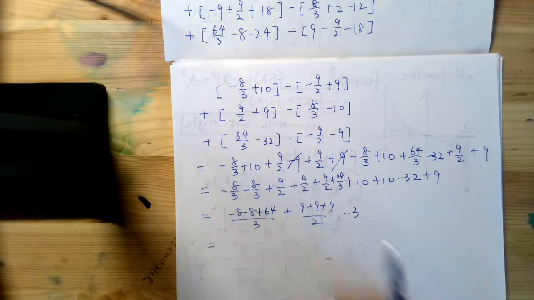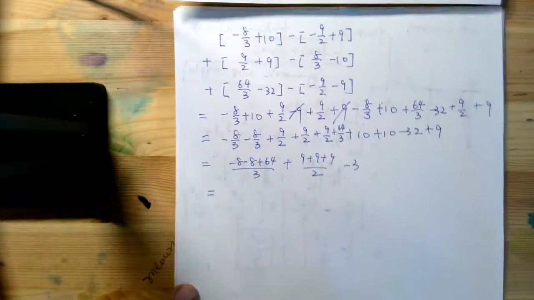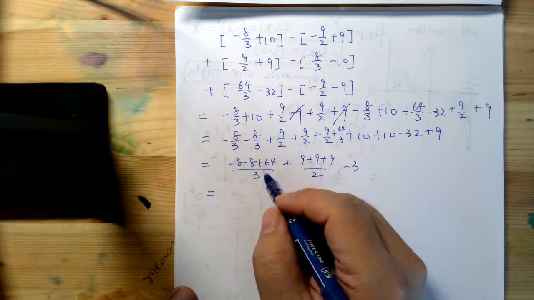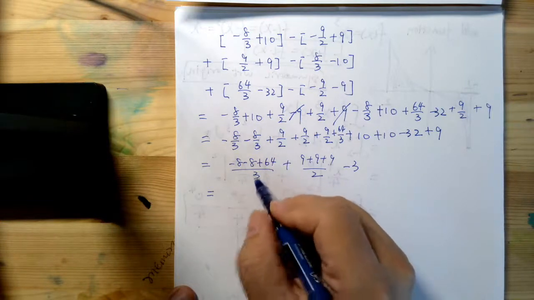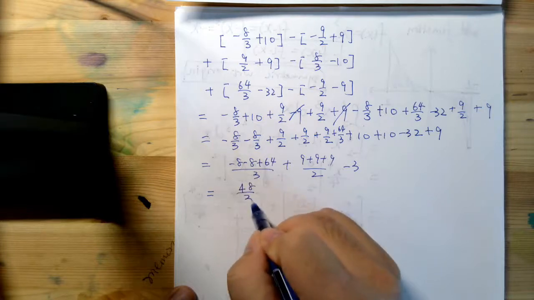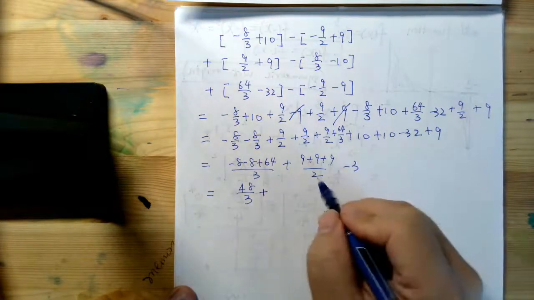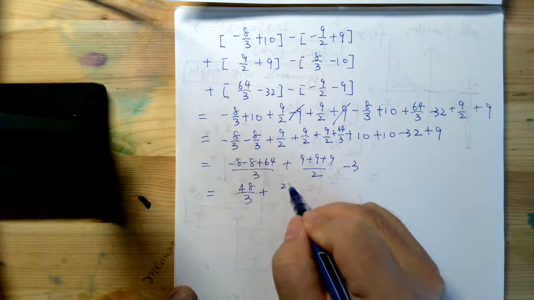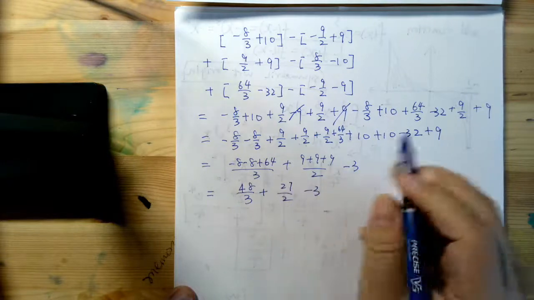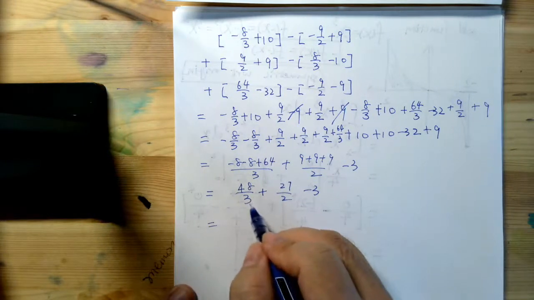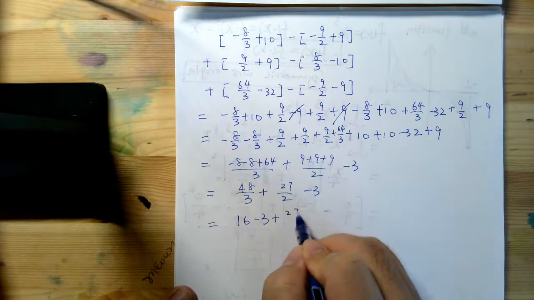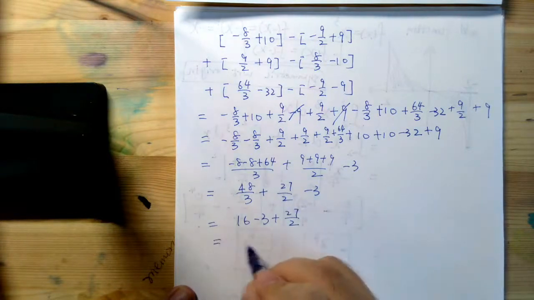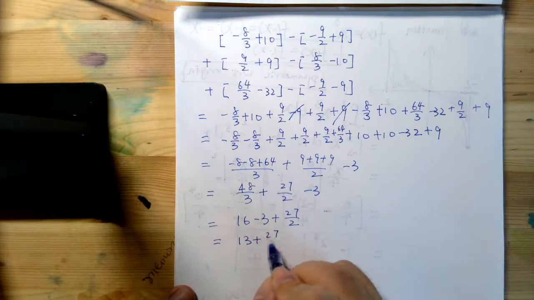So we have 16 minus 3 plus 27 over 2, which is 13 plus 27 over 2.